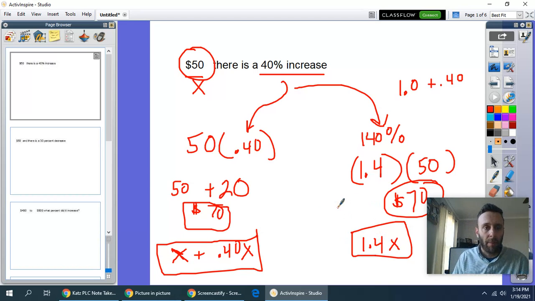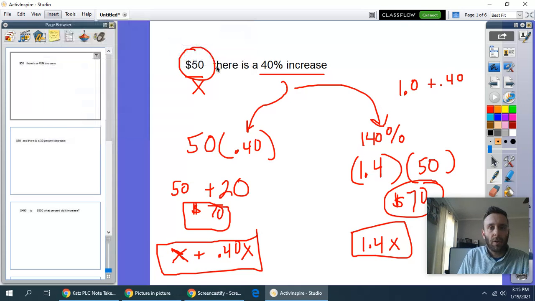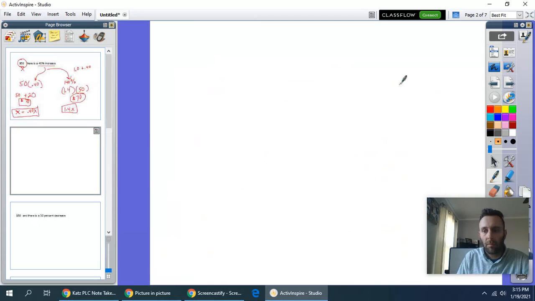So for an example problem, let me go ahead and make a new page, insert page after. Okay, say you have made $70, but there is a 30% increase.